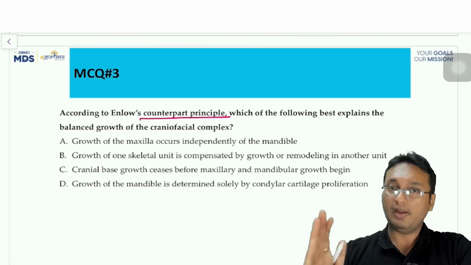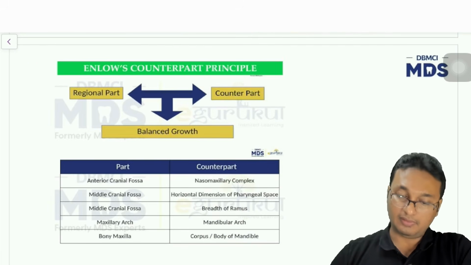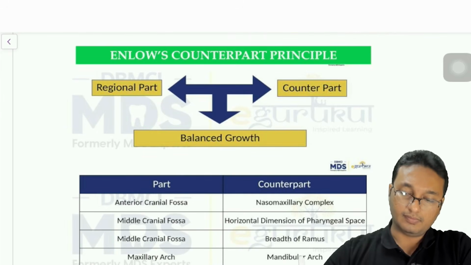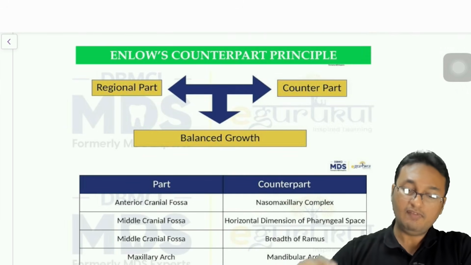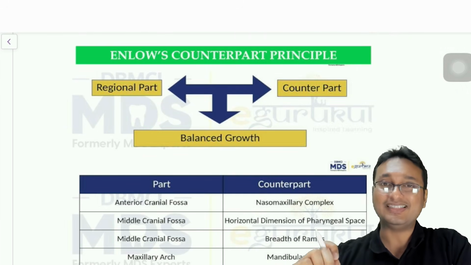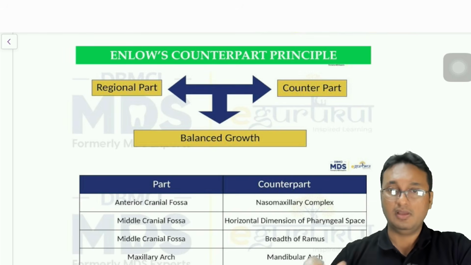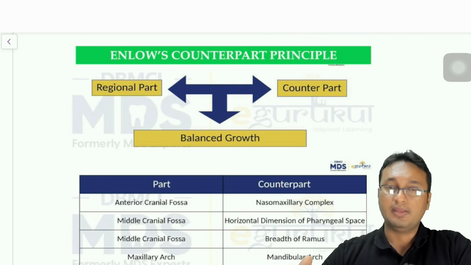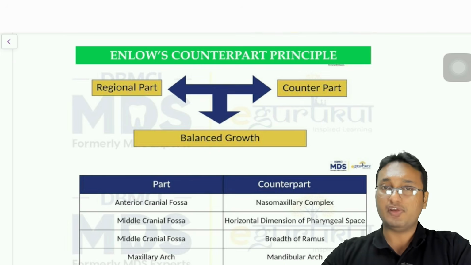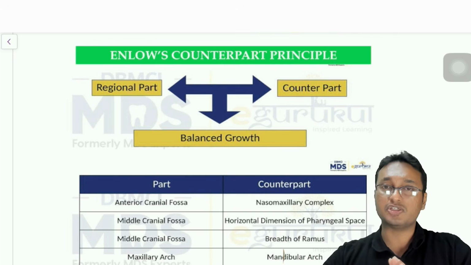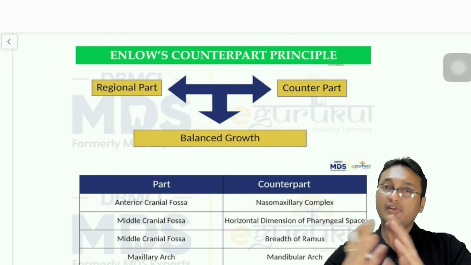Now, let's look at the principle behind the counterpart principle. What it says is that if there is growth in a regional part, let's take the example of the maxilla, if the maxilla is growing properly, some other structure in the craniofacial complex is supposed to grow at that pace, in that direction, in order to maintain that equilibrium.